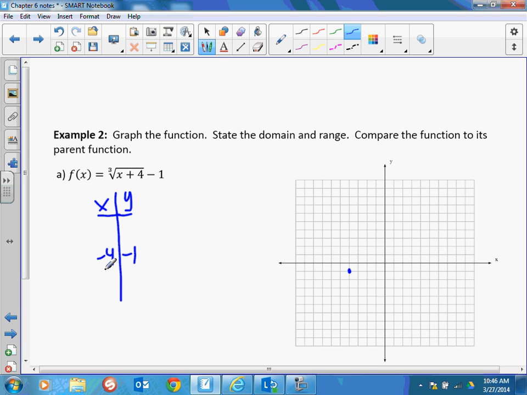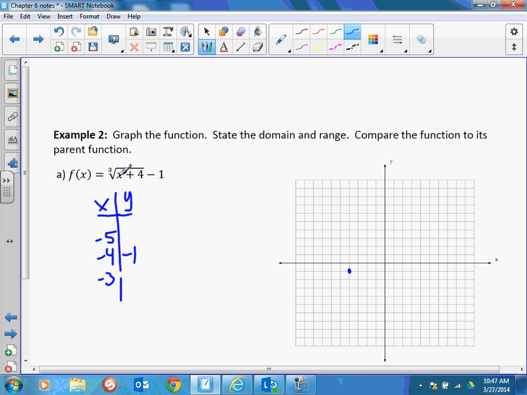Okay. And then I'm going to pick some numbers around that make perfect cubes. So -3 and -5. Because I know that those numbers surrounding, like -3 plus 4 is going to be 1. 1's a perfect cube.